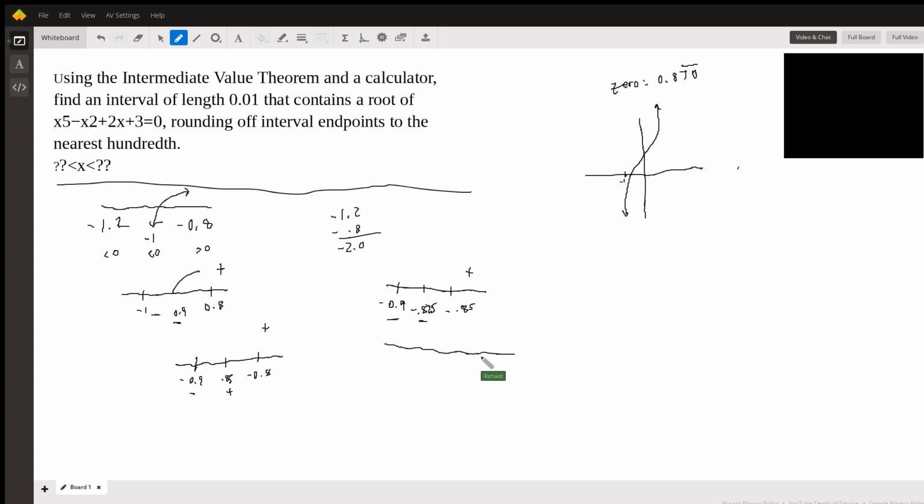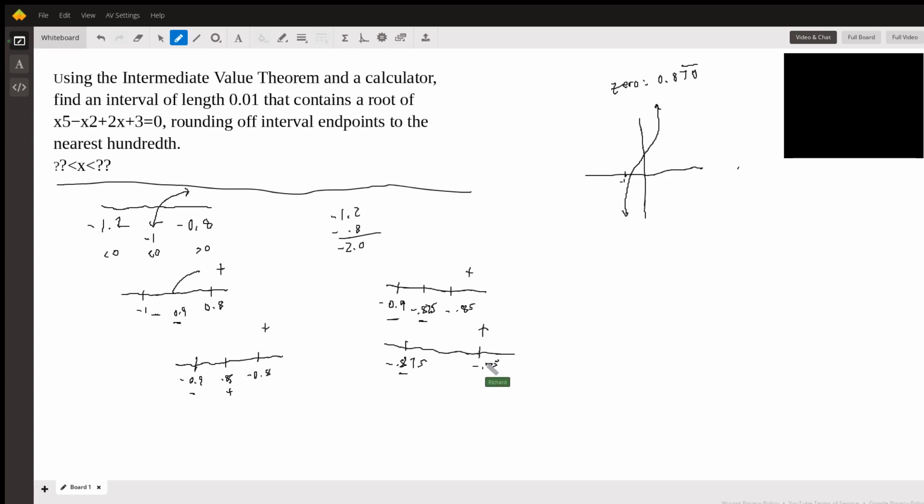So now my next interval of interest is -0.875 and -0.85, where it's negative here, positive there.